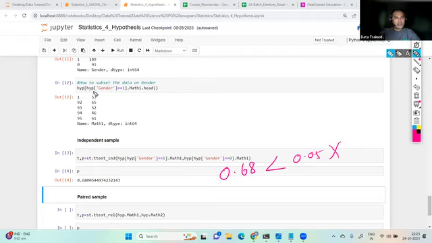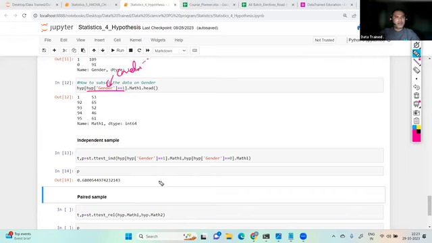Someone is asking about subsetting. This is pandas, guys. Go back to pandas. We worked on subsetting, how to subset the data. That's why I keep saying that you have to keep yourself updated every lecture. Here we are adding a condition. The condition is: select this column from this data set, check whether it is equal to 1.